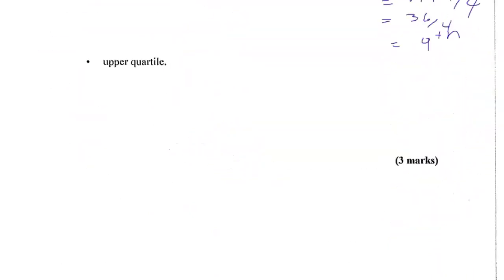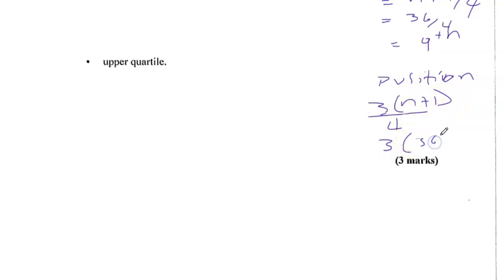And the upper quartile, the position for the upper quartile is 3/4 of n plus 1. And again, remember n was 35. So it's 3 times 35 plus 1, that's 36 over 4. So 36 over 4 is 9, and 3 nines is 27.